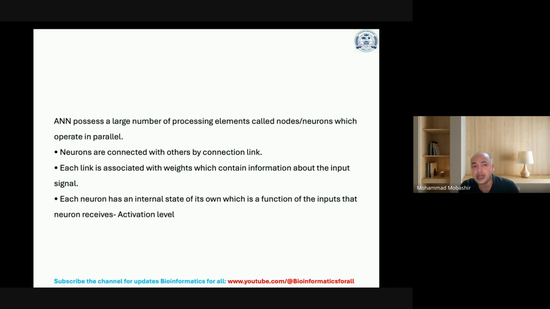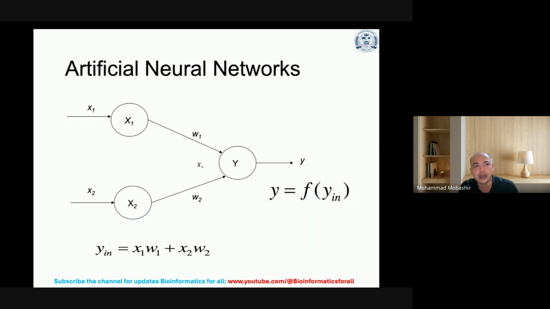Each neuron has an internal state of its own, which is a function of inputs that the neuron receives, that is, activation level or threshold level. Now, an artificial neural network could look like this. And each node could be represented by certain values. And then these values could be calculated by a certain mathematical formula.